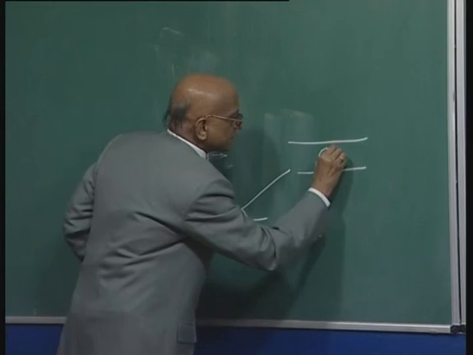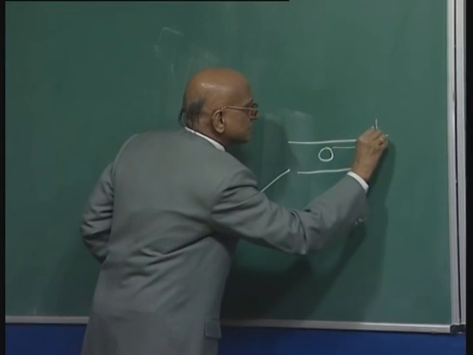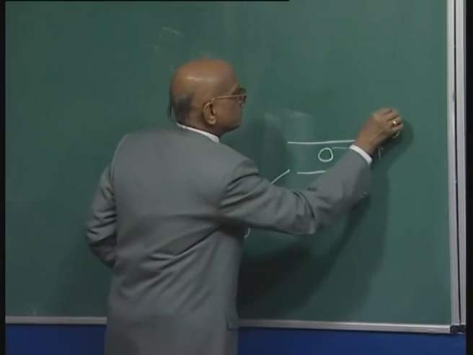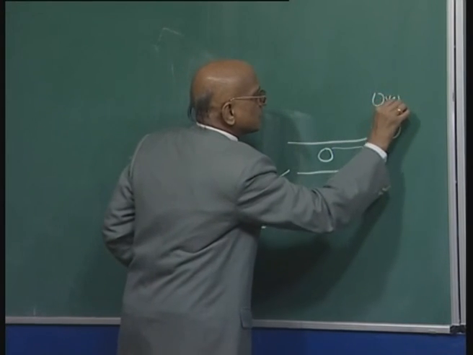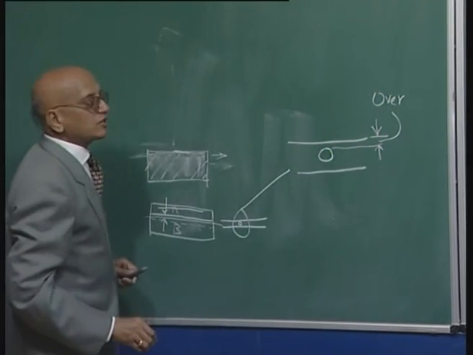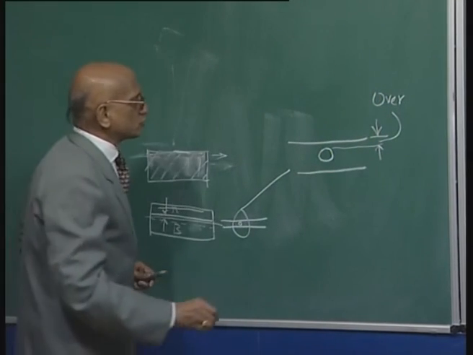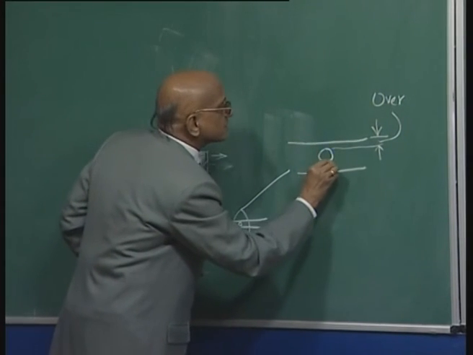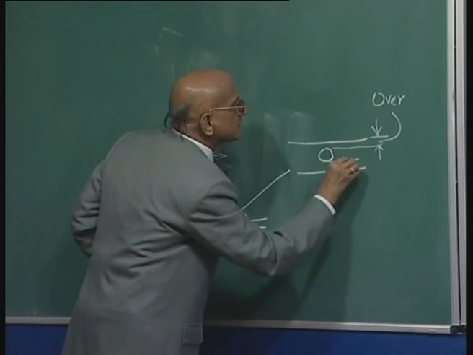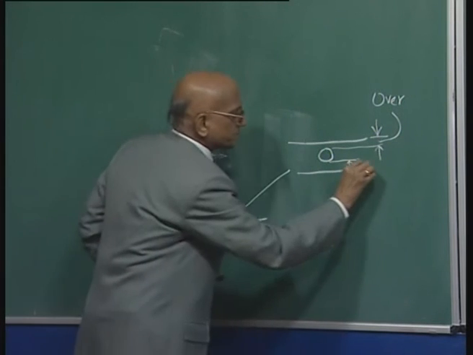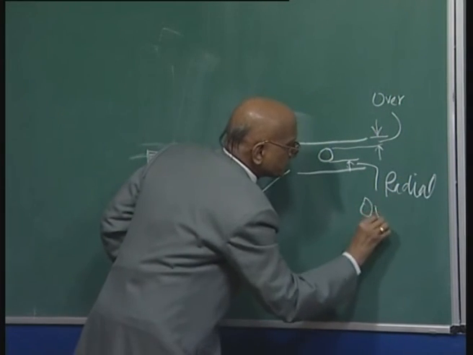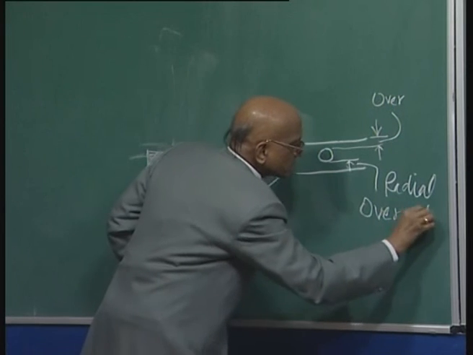Whatever is this difference is known as overcut. You can call it radial overcut. If you want to take diametral overcut, then this plus this, so twice that.